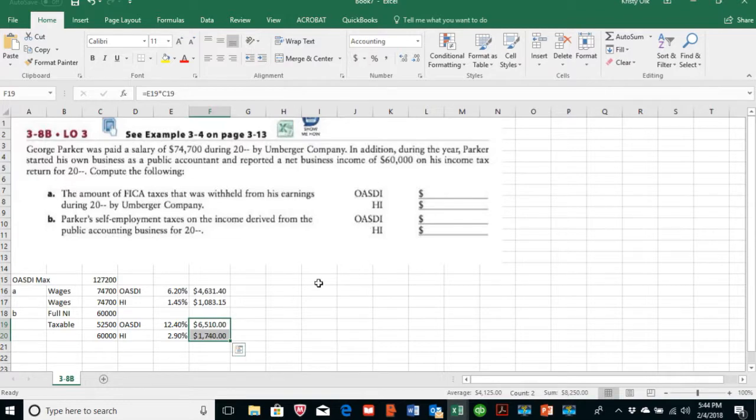So this gives him $6,510 of OASDI that he needs to remit, and $1,740 of HI that he needs to remit. He did not cross that 200,000 mark threshold because the $60,000 and the $74,700 is only $134,700. So he is not subject to that supplemental HI.